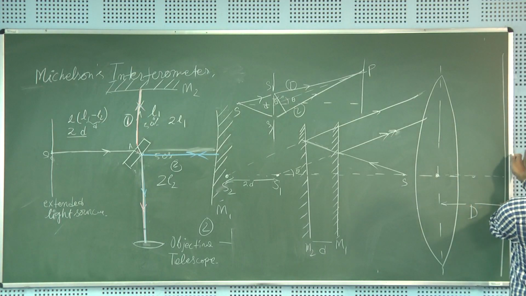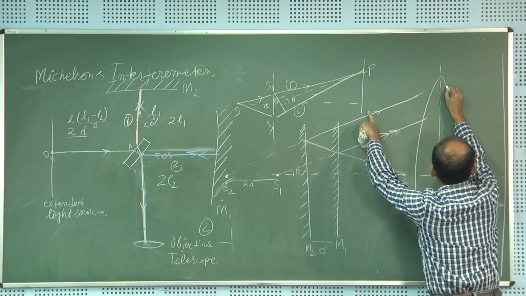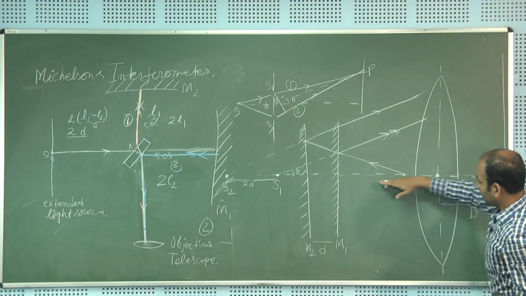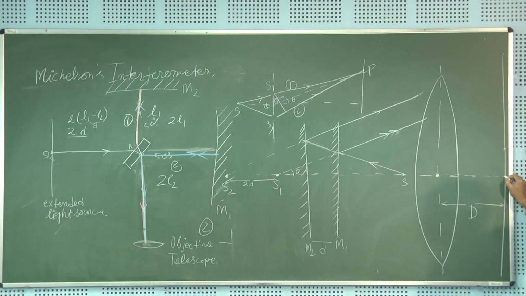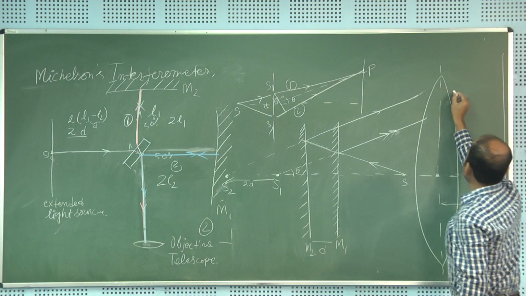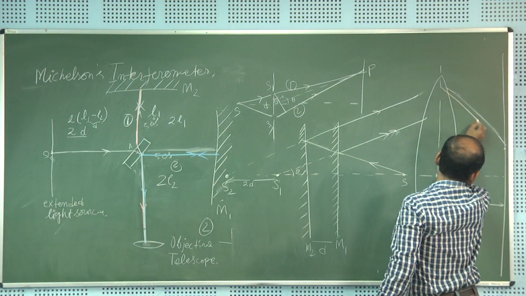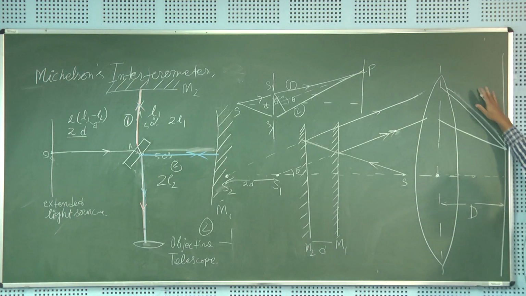Now, what happens at the focal plane is that any parallel rays you put will make a point. Now, since this is not parallel to the optic axis, it will focus at a different point rather than this point, and it will come to this point, right.